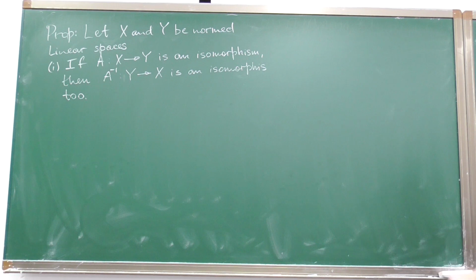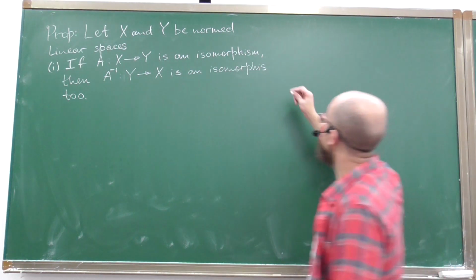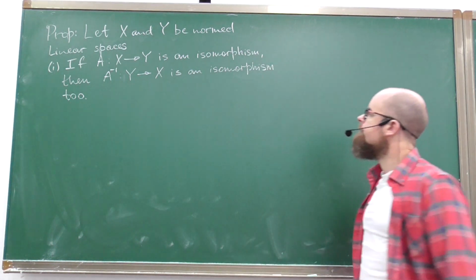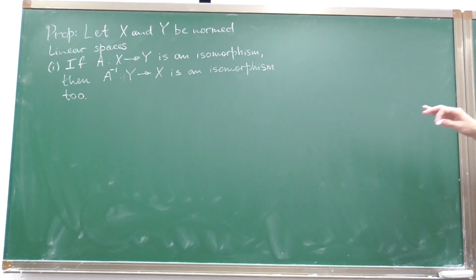First of all, I have not even specified that A is invertible, because when we have an isomorphism, it is one-to-one, and it is surjective, so it is onto. So the inverse mapping is defined simply because it is an isomorphism. So we just need to claim that it is an isomorphism too.